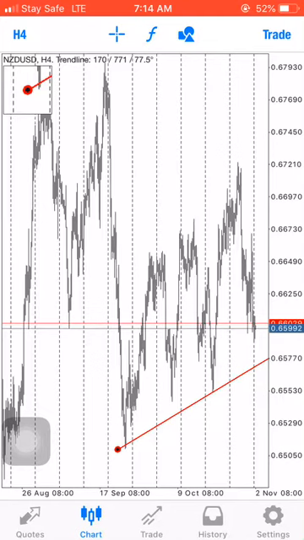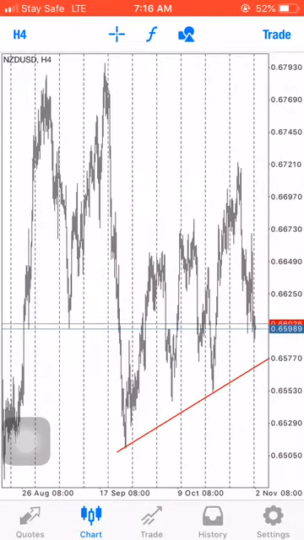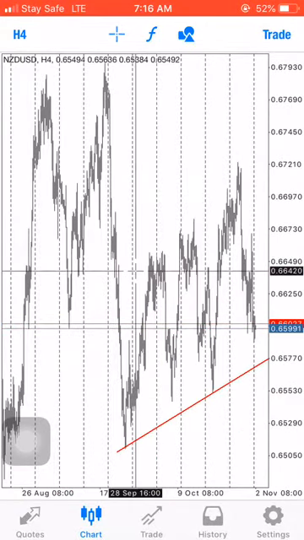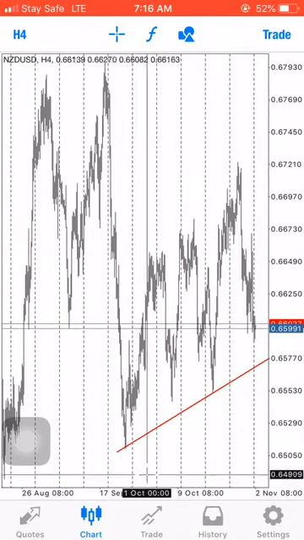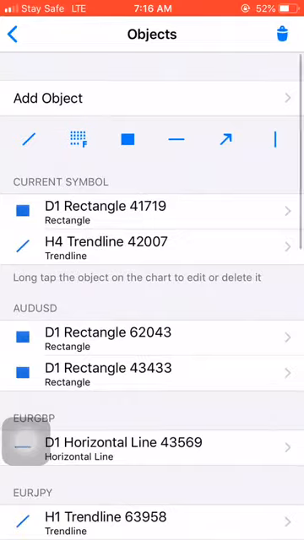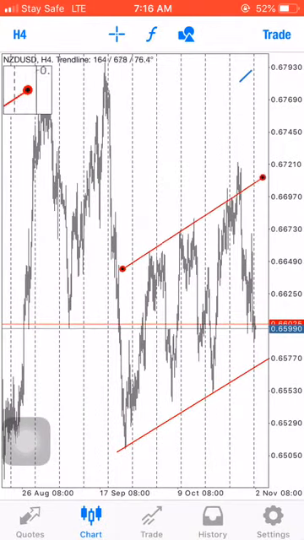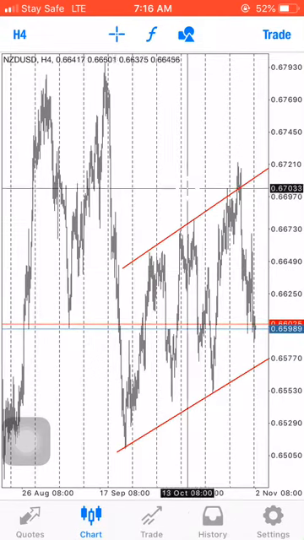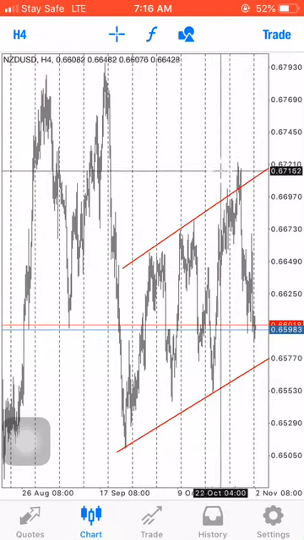You draw your trend line to connect the two lows, this point and this point, and then we're going to draw the upper trend line, which is here. Now the price gave, this is what we call a fake breakout. Price gave a fake breakout here.